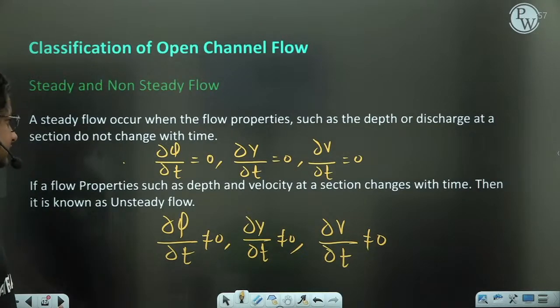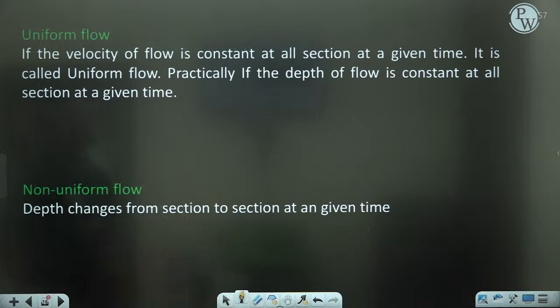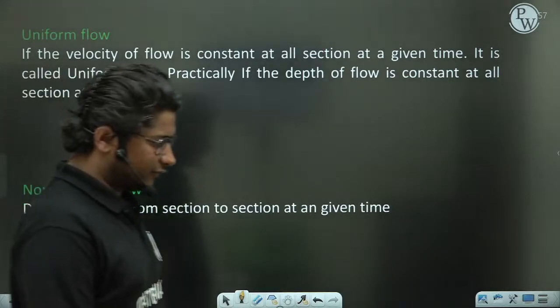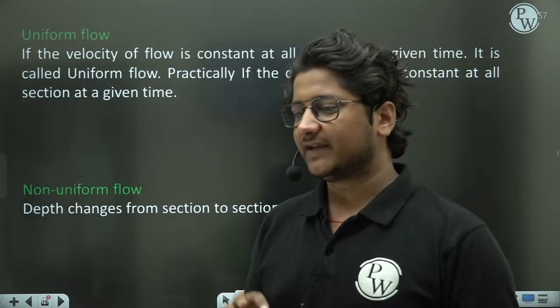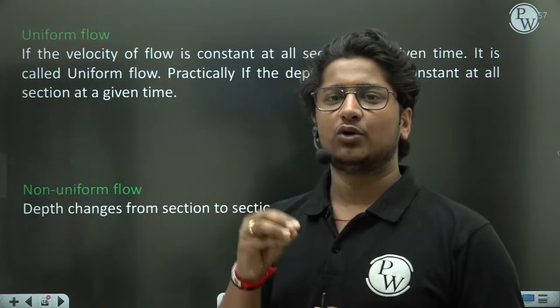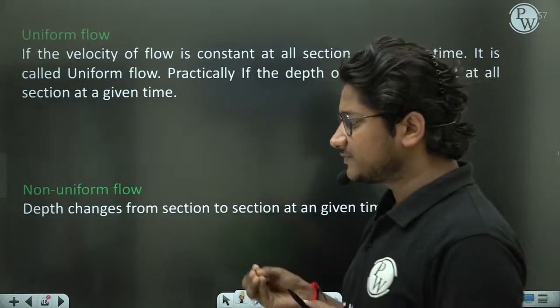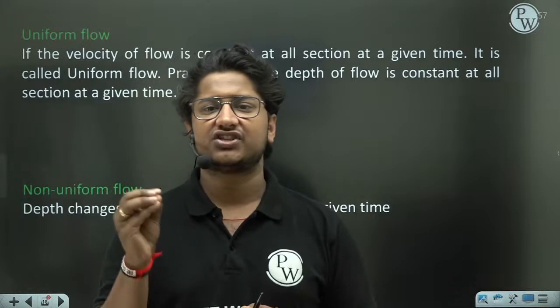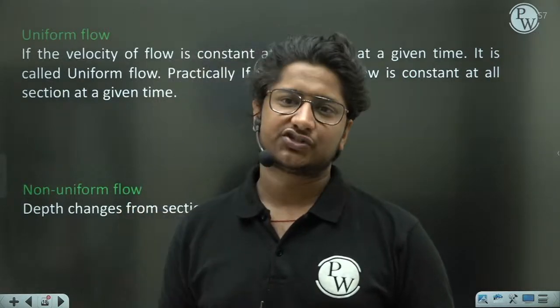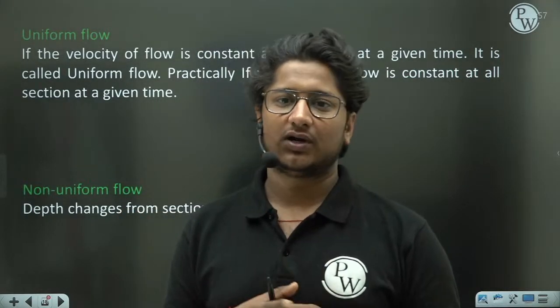Next one is uniform and non-uniform flow. Last time we compared whether our flow parameters change with respect to time or not. This time we want to find out whether our flow parameters change with respect to section at any particular time.